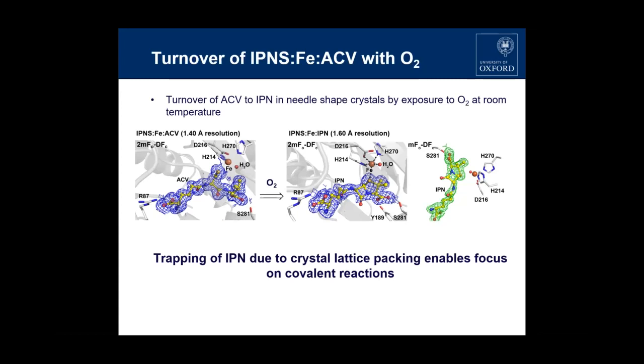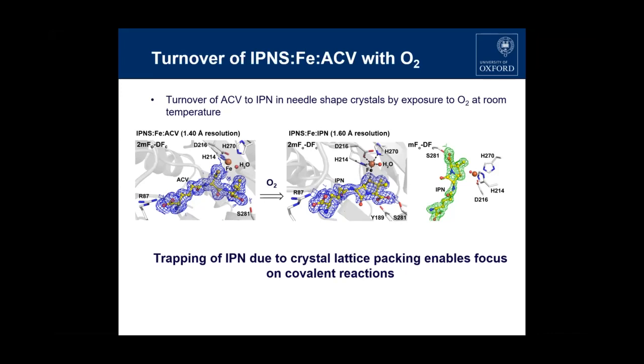Because we can trap IPN, the product, in the crystal due to crystal lattice packing, this enables us to focus the whole reaction on the single turnover step from our crystallized IPNS iron ACV complex to our product complex. So we do not need to deal with substrate coming into the crystal, and product release.